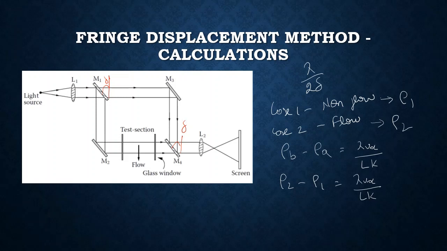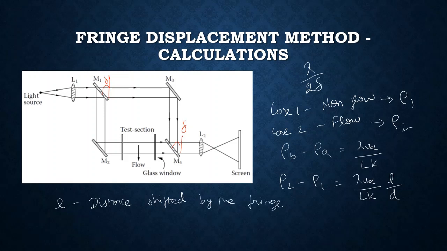So lambda vacuum by Lk. But the thing is, you are multiplying with the non-dimensional parameter L by D. You are considering a non-dimensional parameter L by D. What is L? L is nothing but the distance shifted by the fringe.